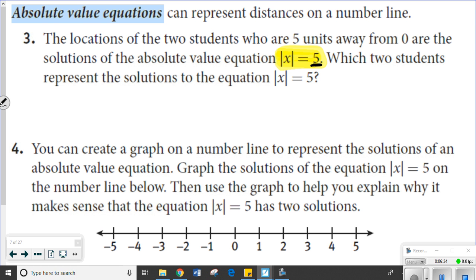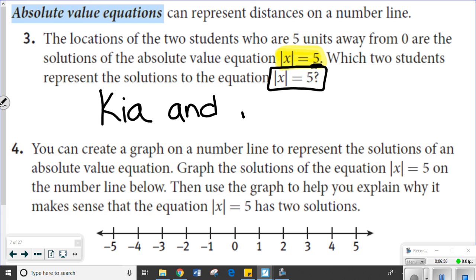So I want you to write down which two students represent the answers to this equation. Which two students are 5 units away from 0 on your number line? Kia is 5 units away, and so is Nick. Kia is standing at -5, which is 5 units away from 0. Nick is standing at +5, which is 5 units away from 0.